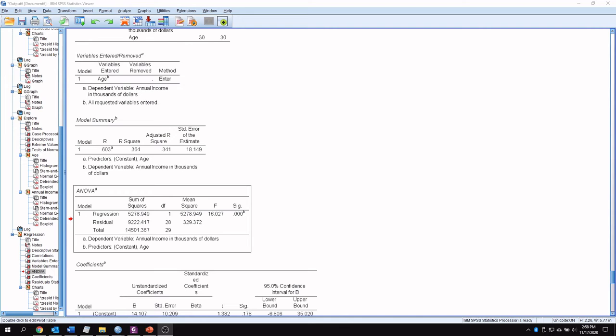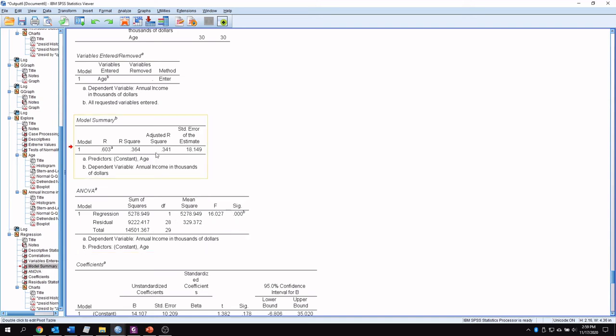And we're going to quickly look at our ANOVA table and see that we have a significance level of P is less than 0.01, which is wonderful. I mean, we just need it to be under 0.05 like we typically do. And that's going to tell us we can indeed use age confidently as a predictor for annual income.